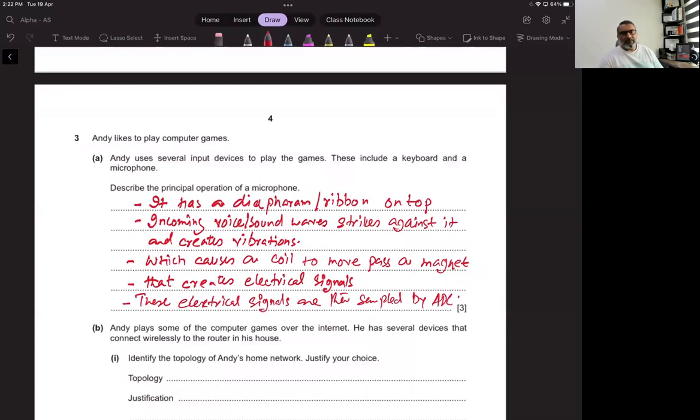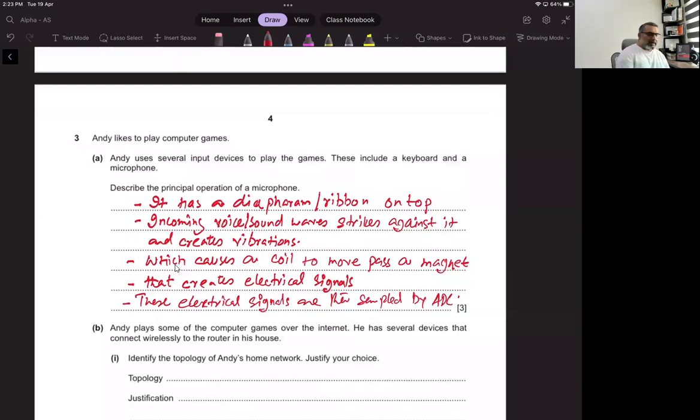Okay, so it has a diaphragm, which is also called ribbon, on top of it. Incoming sound waves strike against this diaphragm and create vibrations.